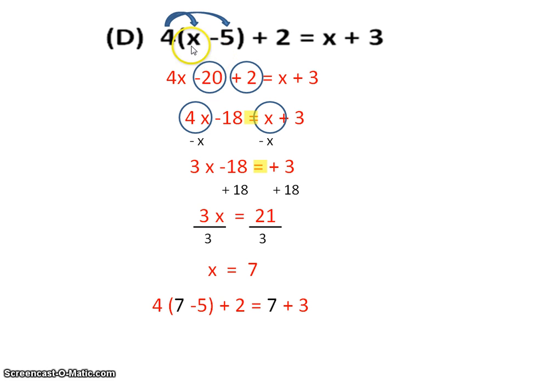Every time I'm going to see x, I'm going to substitute 7 in for that. So I have 4 times 7 minus 5 plus 2 equals 7 plus 3. 7 minus 5 is 2. 4 times 2 is 8. Plus 2 is 10. And on the right side of the equation, 7 plus 3 is 10. So x equal to 7 is our solution.